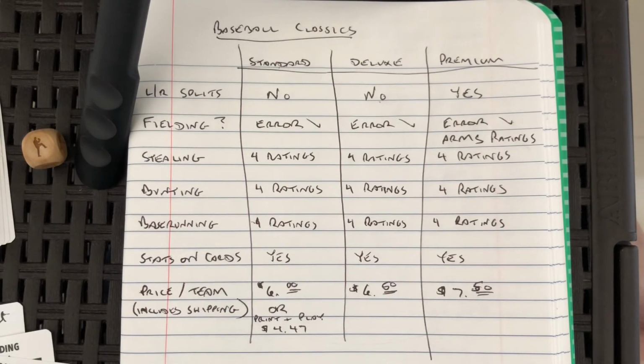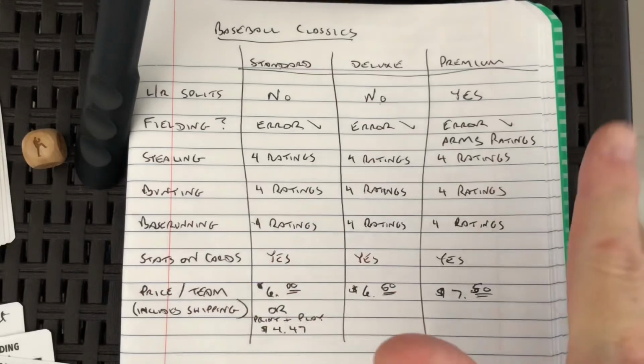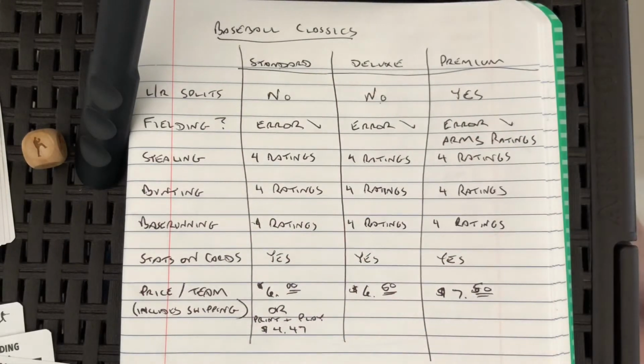I have been a little bit confused by what you're supposed to do with deluxe instructions, and so I think that's something to be aware of. The instructions need some revision or some homebrew rules if you're choosing deluxe. Standard and premium are pretty straightforward, and there's no real issue there.